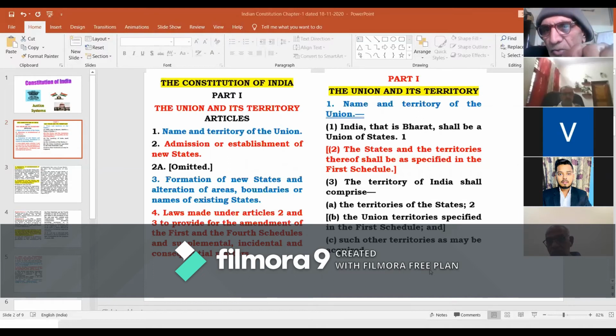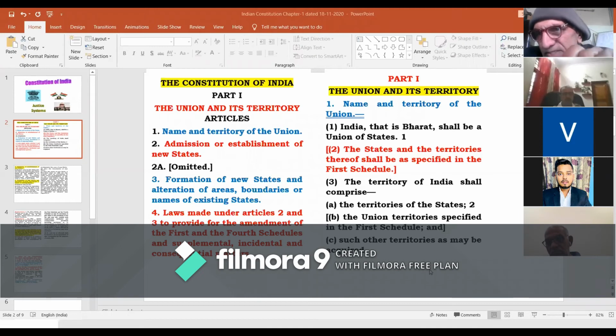So, the word state, and the word state as member of the union, are two distinct conceptual meanings for the same word, state.